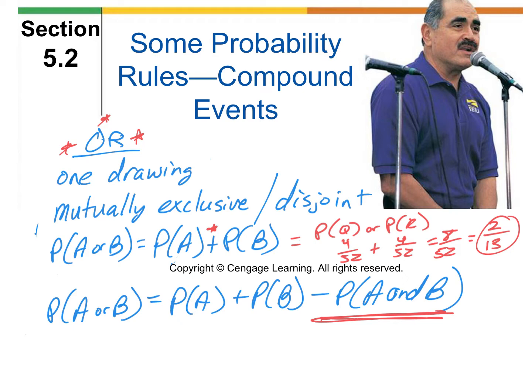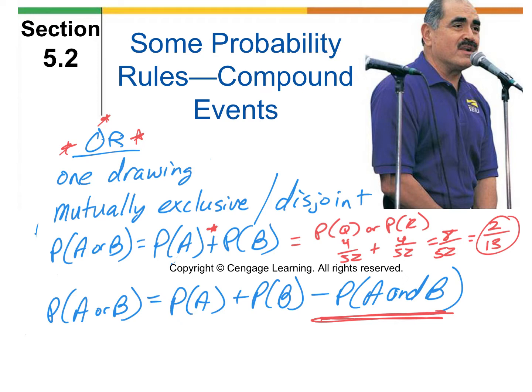Now let me give you an example of an overlap one. Ready? You are going to deal one card. What is the probability that that one card is a king or a red card? Wait a second. There are red kings, so there's an overlap.